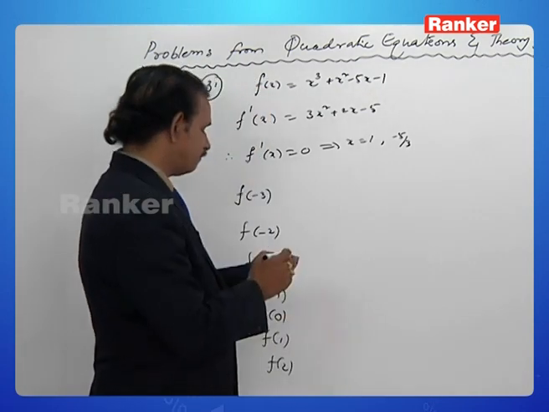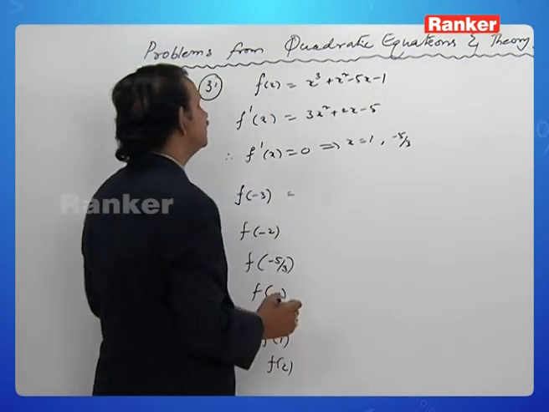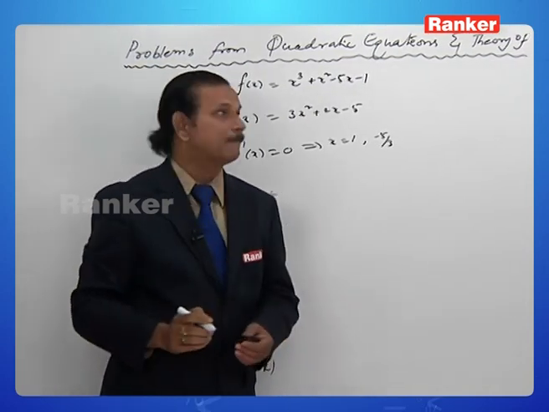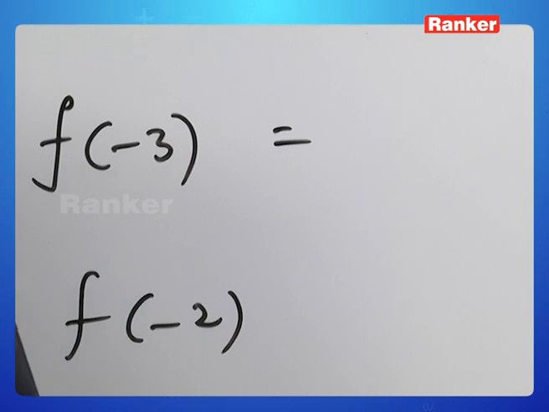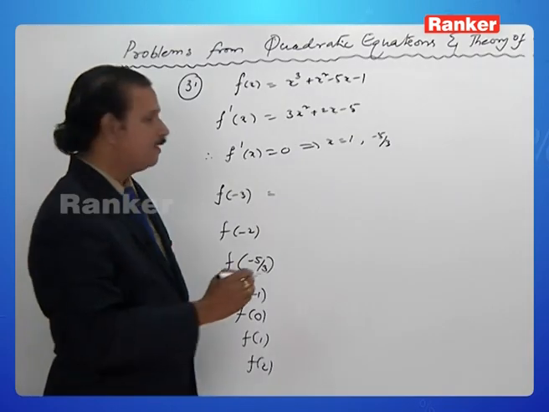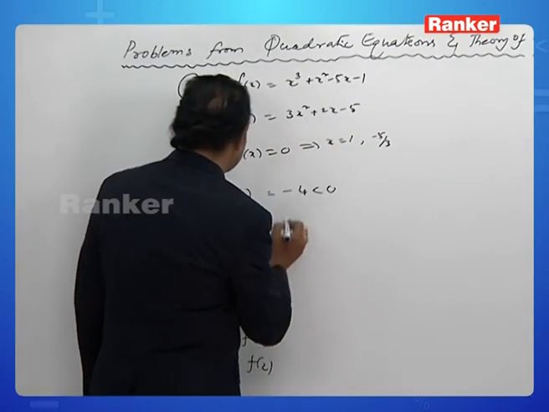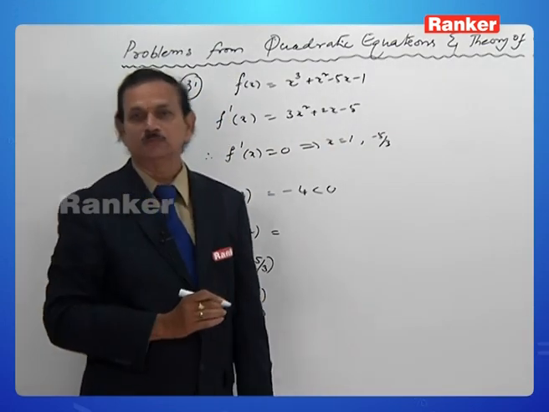What is f of minus 3? First of all, what is f of minus 3? This is minus 3 whole cube, minus 27, plus 9, plus 15, minus 1, that is minus 4, less than 0. What is f of minus 2?